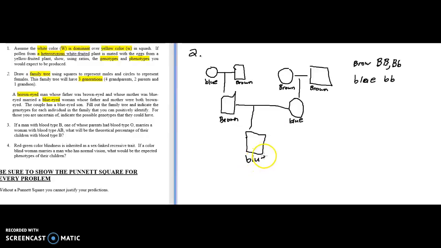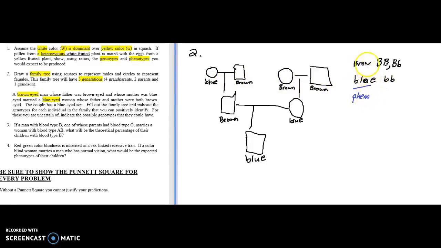So what I want you to be able to do is go back into this family gene pool, and I'm going to use blue just so it stands out more, determine the genotypes. So you need to be able to set up a family tree, indicate phenotypes. So these right here are phenotypes.